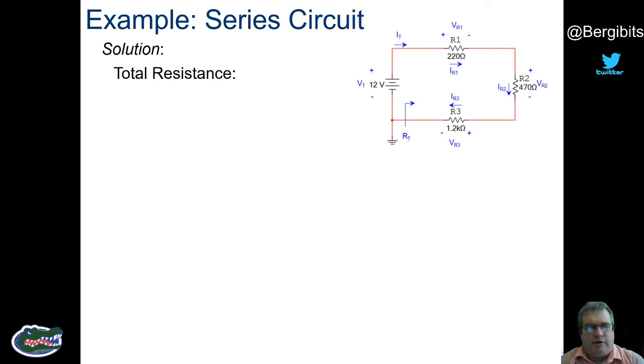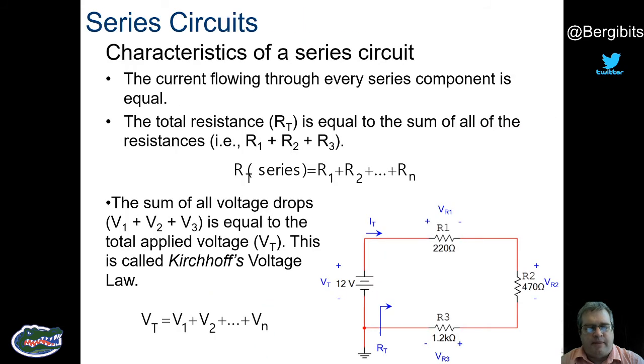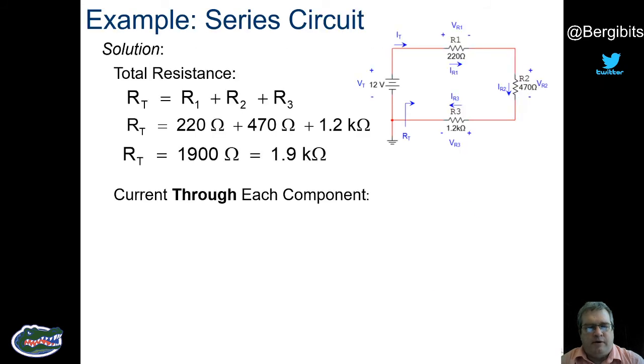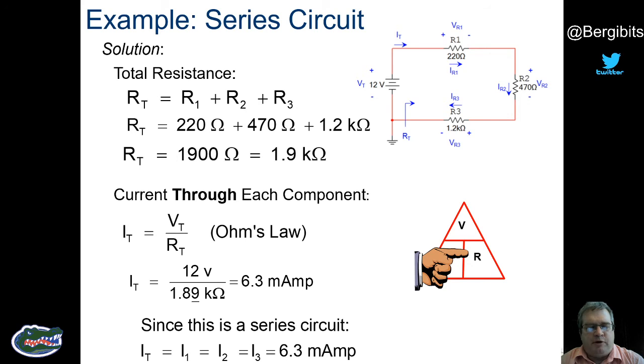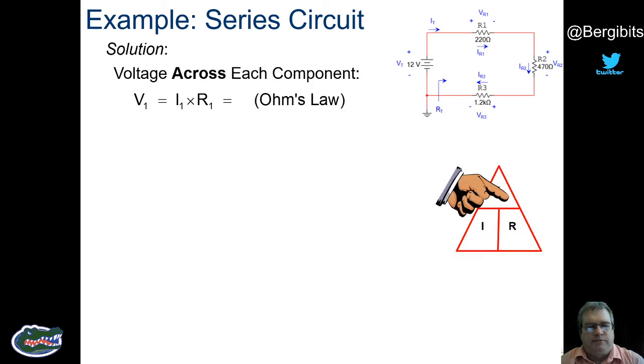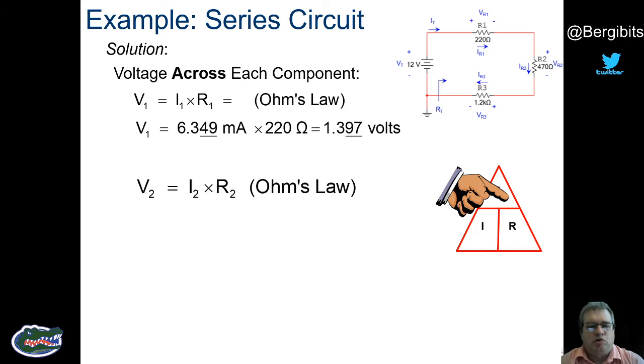Voltage across each component: 6.349 milliamps times 220 ohms is 1.4 volts.